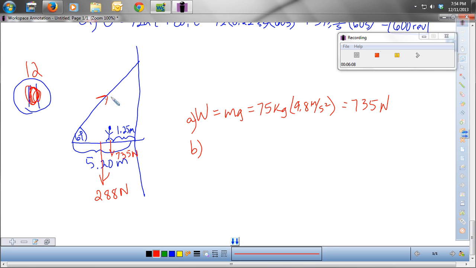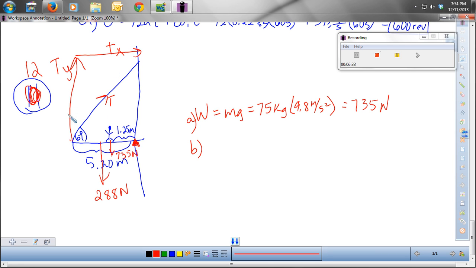So what is that right there? Well, not real hard to get. Just imagine this tension is really made up of a Ty component and a Tx. Not worried about Tx because I'm going to put my pivot point here. And if I put my pivot point there, this force won't be able to make this bar rotate.